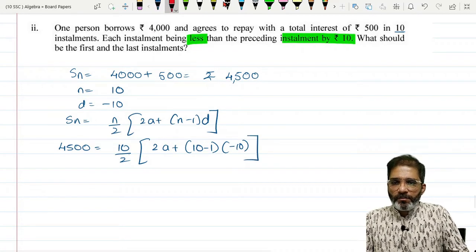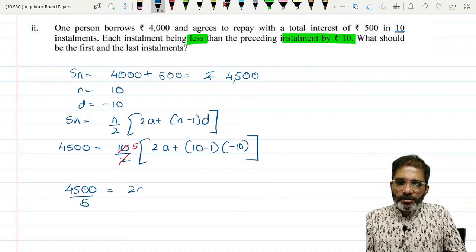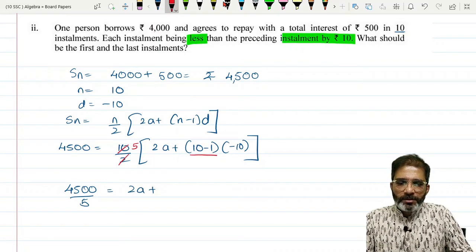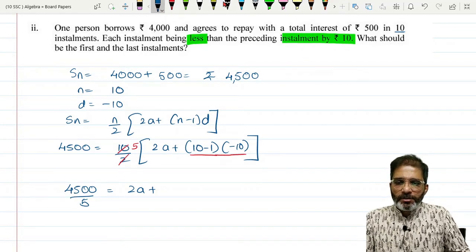When you reduce this, you get 5, and when you shift it, we get 4500 upon 5. That is 2a plus, when you solve this, students, 10 minus 1 is 9. 9 into minus 10 is minus 90. So it is like this, minus.